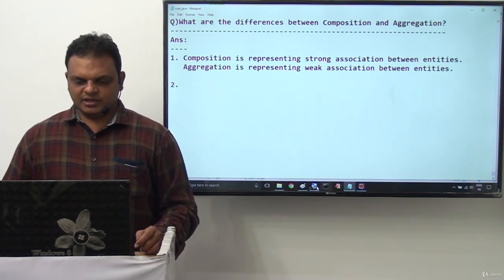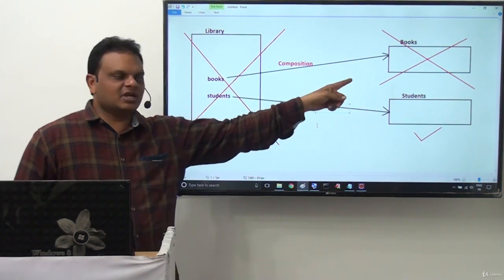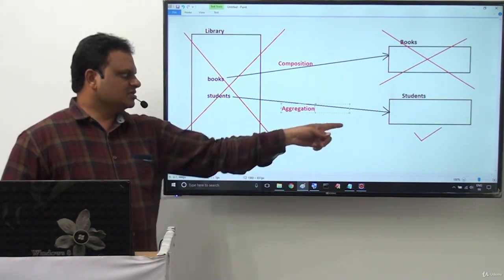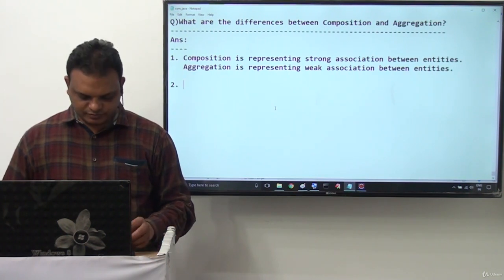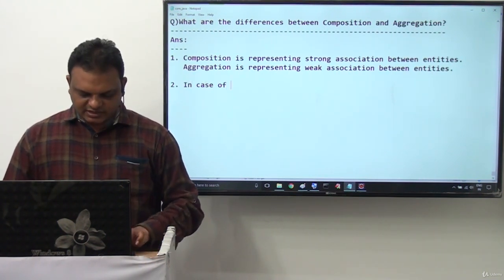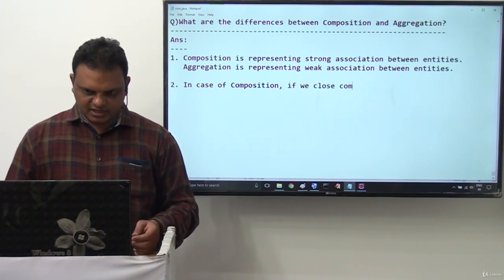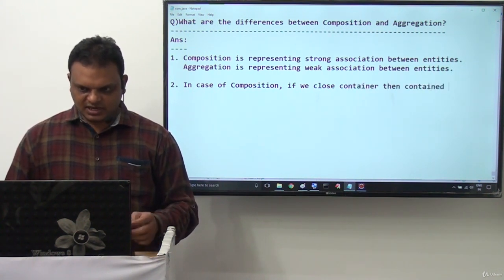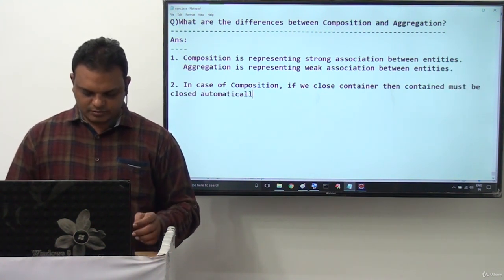We already know that in the case of composition, if we close the container, automatically the content is also closed. In the case of aggregation, even if we close the container, the content still exists. So the same point we have to represent now. In case of composition, if we close the container, then the content must be closed automatically.